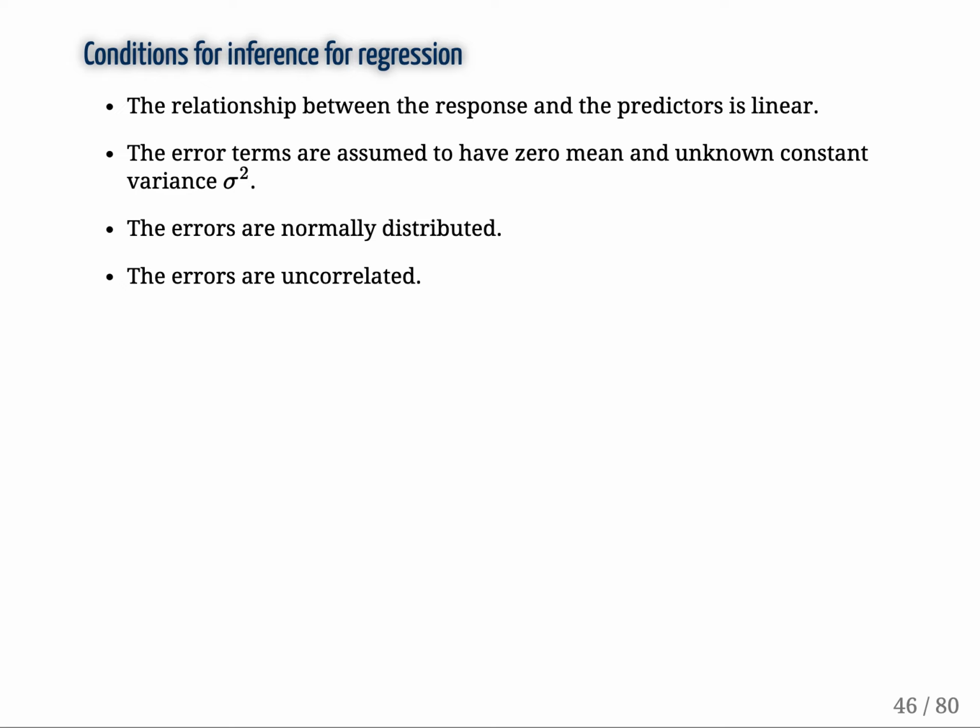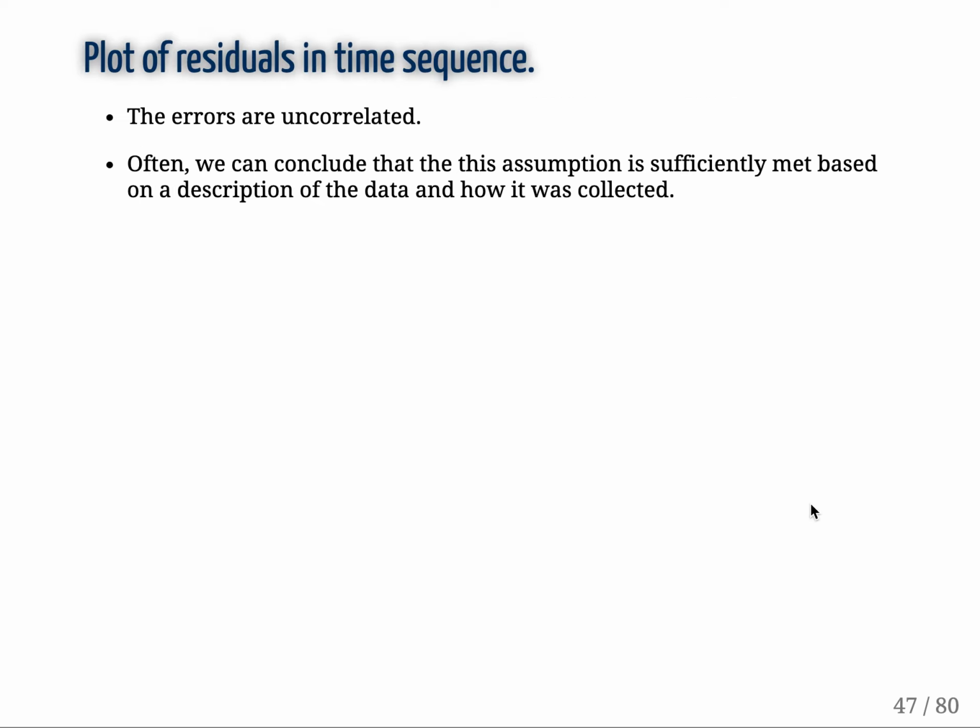Graphical analysis of residuals is a very effective way to investigate the adequacy of the fit of a regression model and to check the underlying assumptions. First, we are going to test the assumption that the errors are uncorrelated.